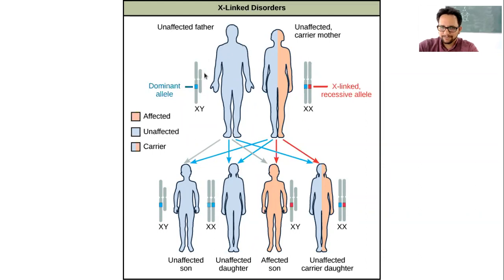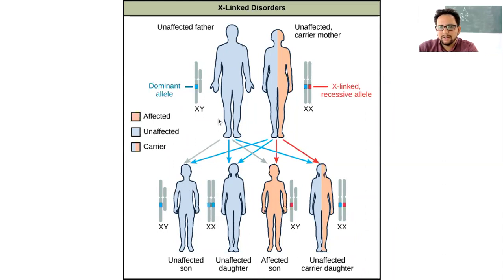Now, based on the possible combinations, whichever son or daughter is formed, let's see what the possible genotypes are. For the time being, I will refer to these as X blue and X red. Let's say the dominant X blue is passed on to the next generation.